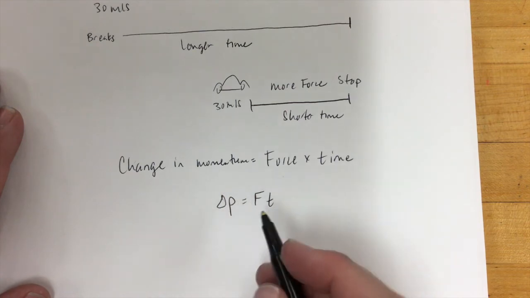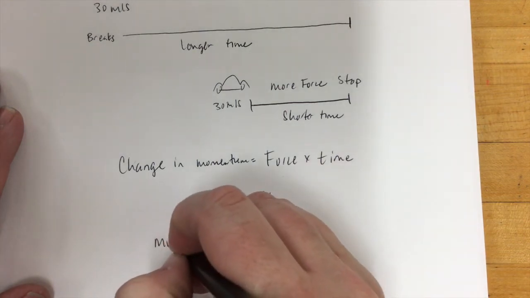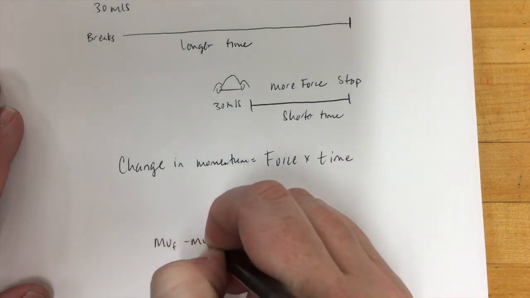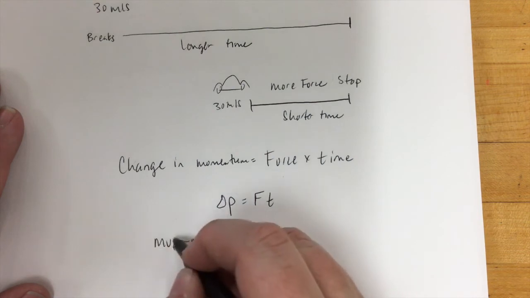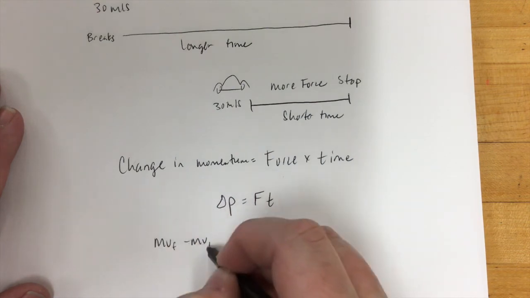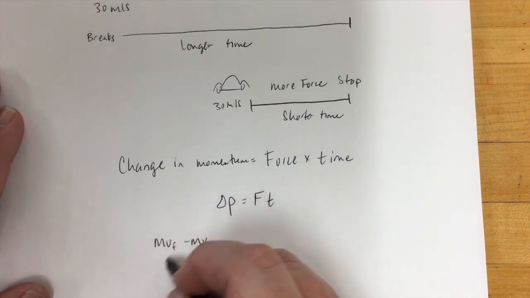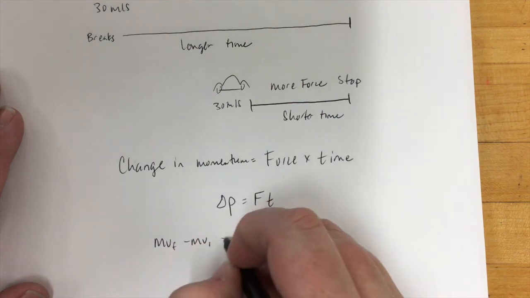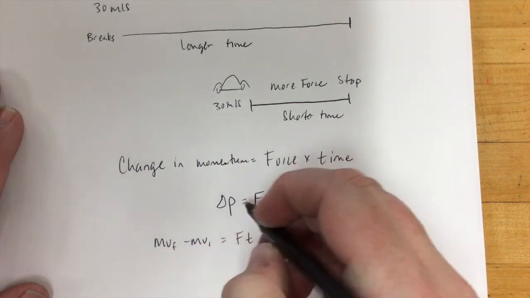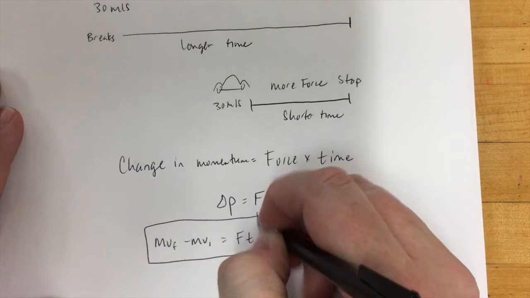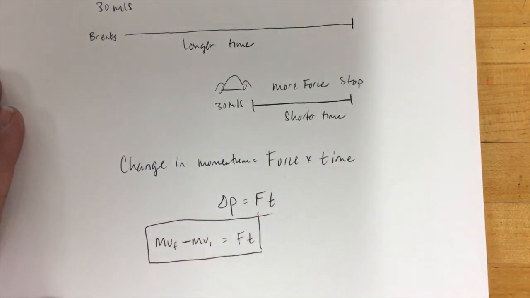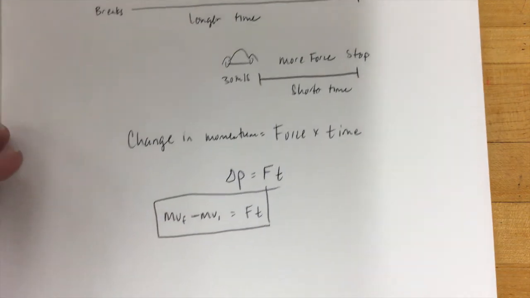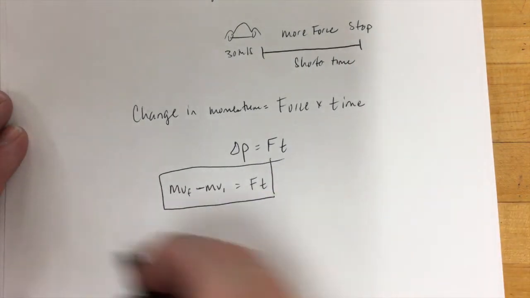Anytime we calculate the change in something, we say mvf. You have what you started with, so your mass times your final velocity for your final momentum, minus your initial momentum. So what you started with here, what you're ending with, and it'll give you your force times your time. This is the equation that you'll get on the quiz. So it looks something like that. An example of this would look something like this.